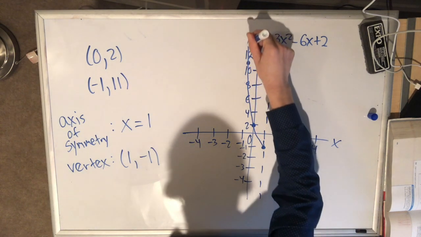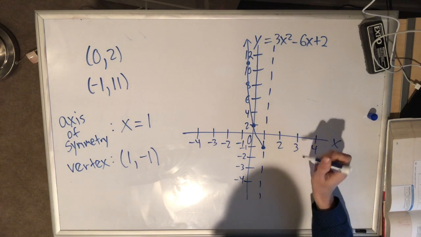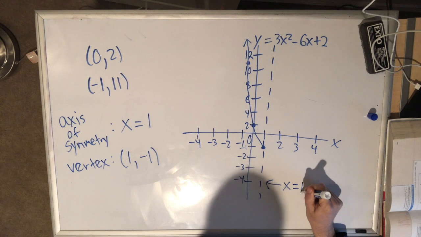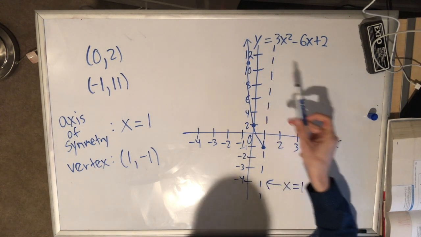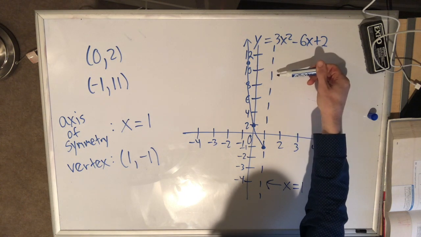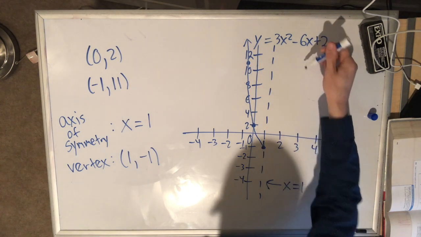There's the left half of the parabola. And the line x equals 1 is the axis of symmetry. So we reflect the left half of the graph on the line x equals 1 to produce a mirror image, the right half of the parabola.